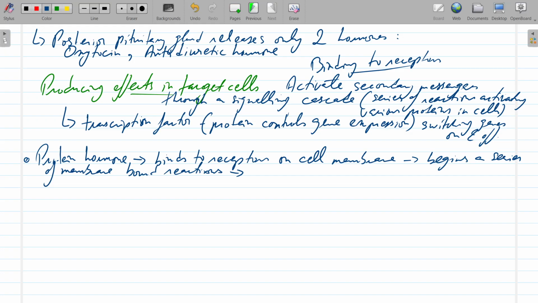And that ultimately leads to the formation of a secondary messenger, which in most cases is cyclic AMP. Cyclic AMP is made from ATP, so that's given in your book. Managed to squeeze that in.